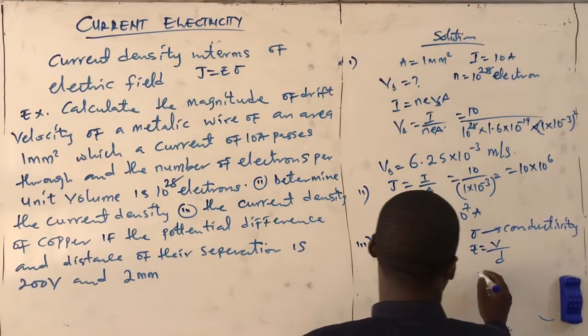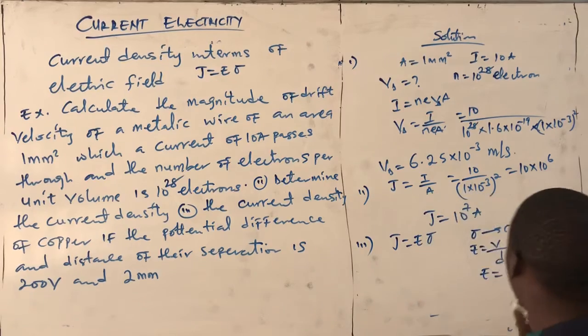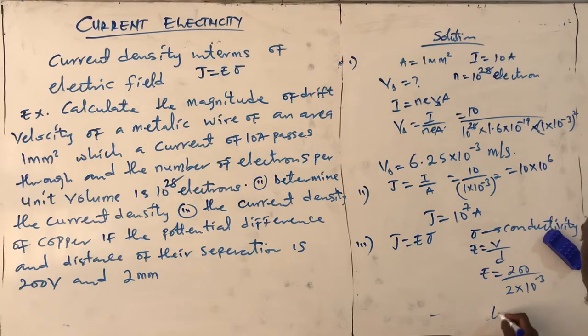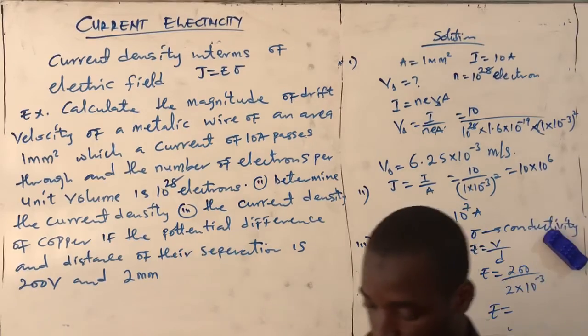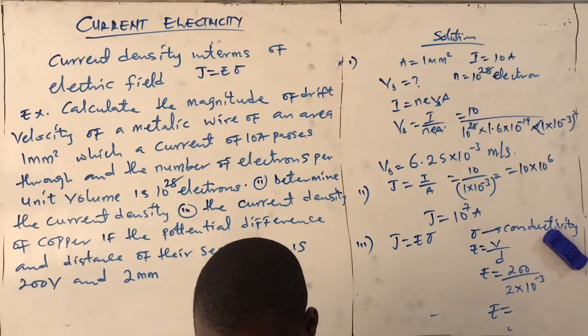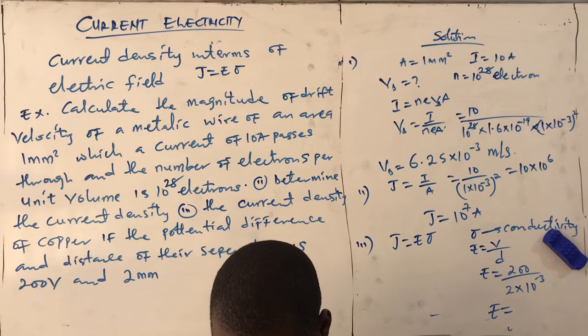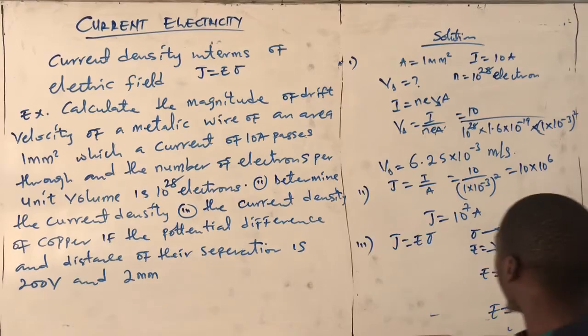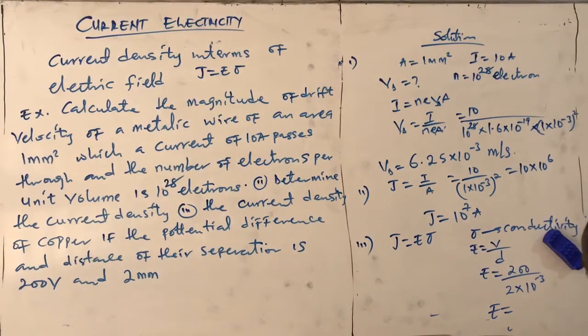So our electric field is equal to 200 divided by 2 millimeter, which is 2 times 10 raised to power minus 3.